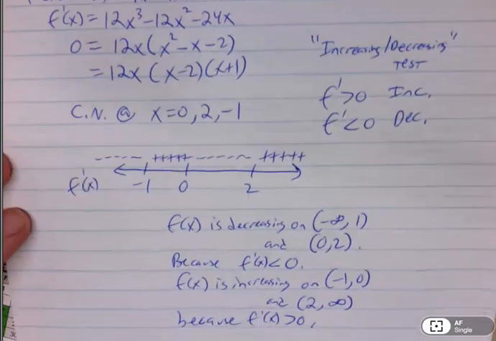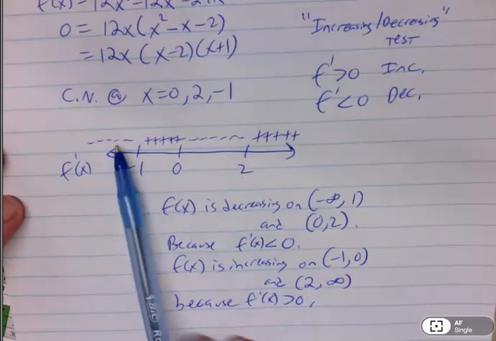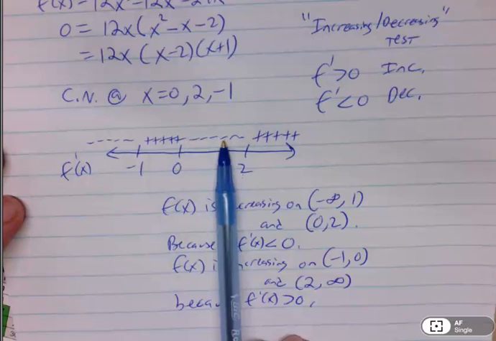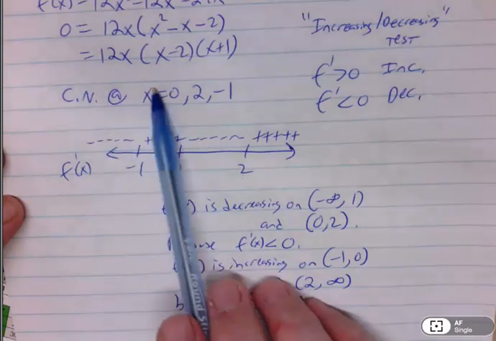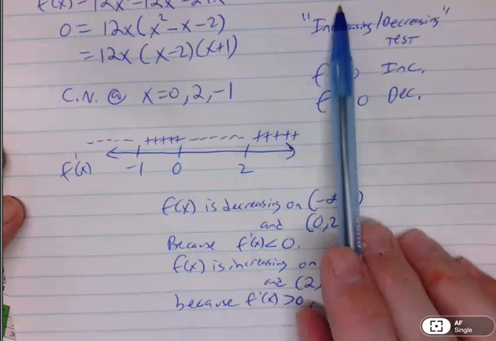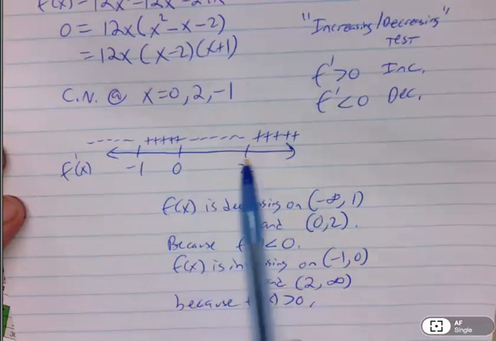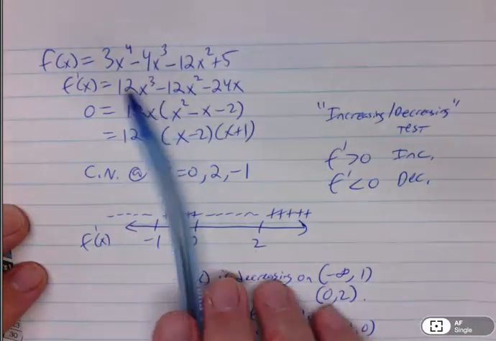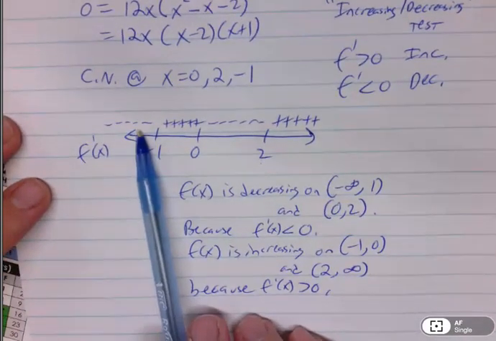So something interesting happens when you notice that your graph changes from either decreasing to increasing or increasing to decreasing. Try to imagine it just visually. You have a graph coming down, decreasing, and then all of a sudden it's coming up, increasing. What do you suppose is happening right at that moment? Just try to imagine it. I don't know what this graph necessarily looks like. You could graph it on your own if you want, but all I know is it's decreasing here, and then it's increasing.